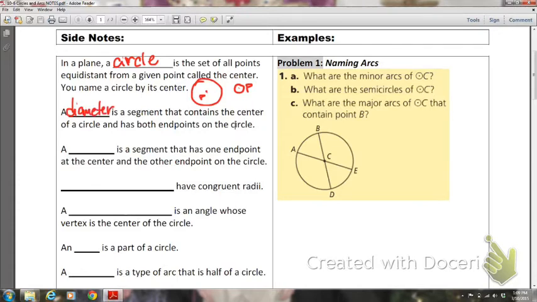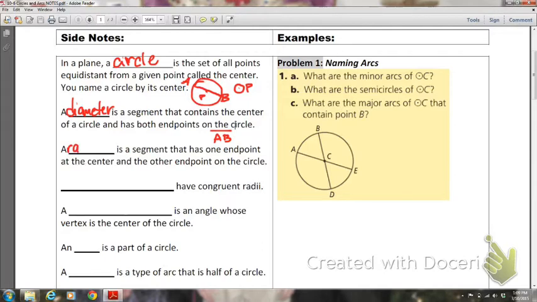The second definition, you have a diameter. A diameter is a segment that contains the center of a circle and has both endpoints on the circle. So if we draw a diameter of this circle, we'll call that AB. So segment AB in that circle is a diameter because it has its endpoints on the circle and goes through the center.